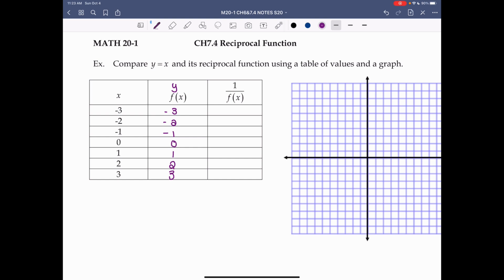When x is 0, y is 0; x is 1, y is 1; x is 2, y is 2, etc. Draw a line.